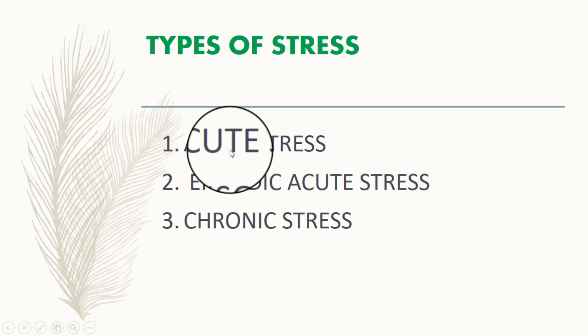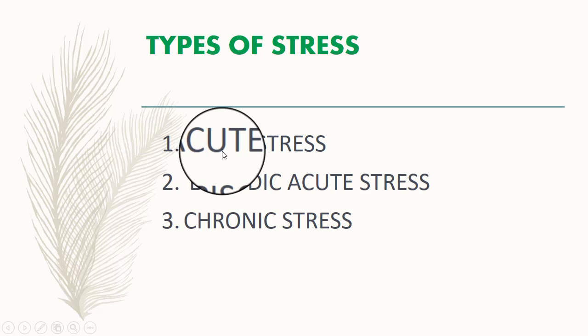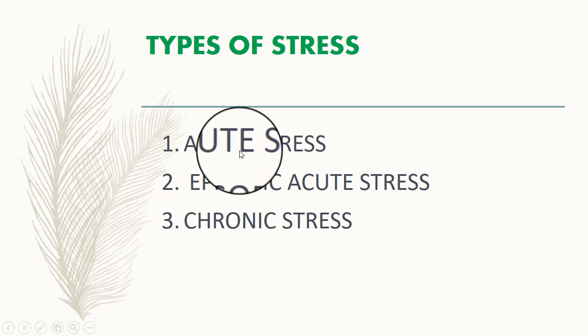Acute stress is our body's immediate reaction to a new challenge, event, or demand. For example, the pressure of a near miss automobile accident, or an argument with family.